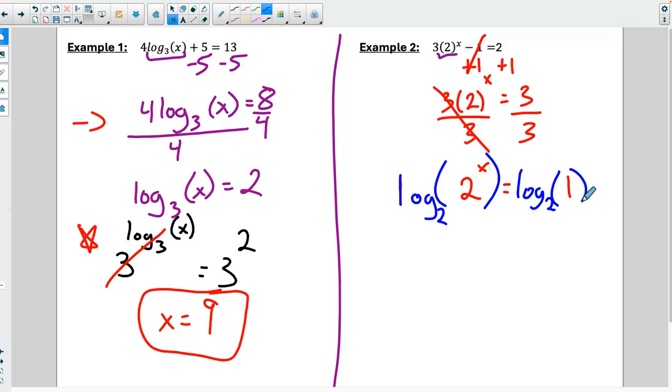On the left-hand side, I am left with x. On the right-hand side, you can calculate that. You get 0. Typing it in your calculator, remember, you would type it in like this. 1 divided by log 2. And that kicks out 0. So 2 to the 0 power gives us 1. Works out.